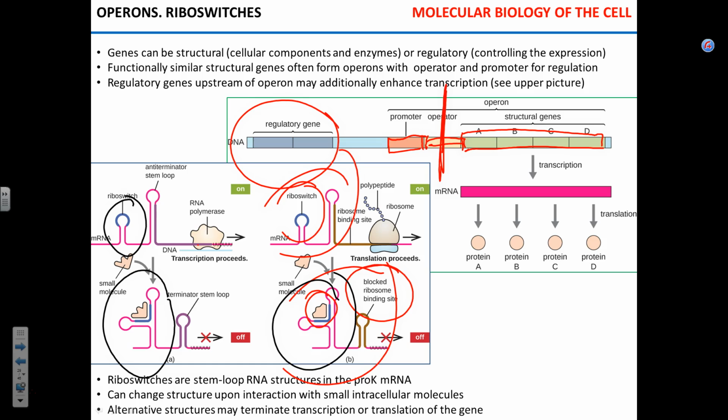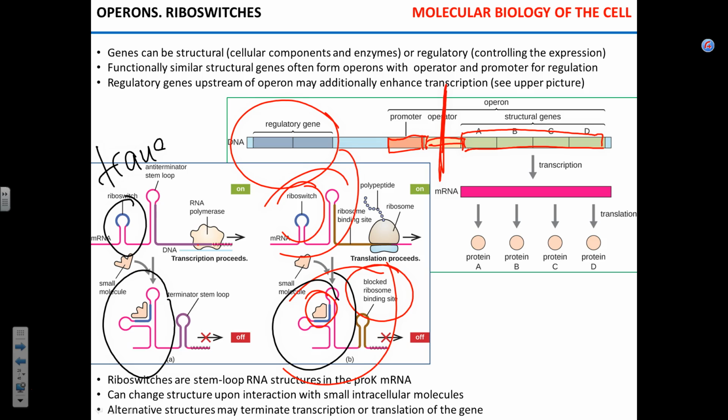Does it make sense? Yes. So, graph A, you have the mRNA falling off, but graph B, you have the stopping of the ribosome. So in B, you have it stopping in the right one. Polymerase? No, it's a ribosome.